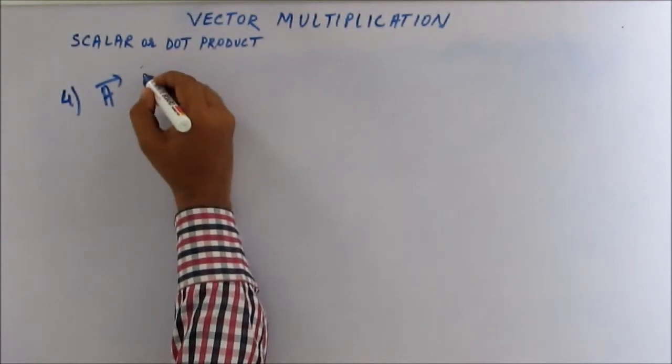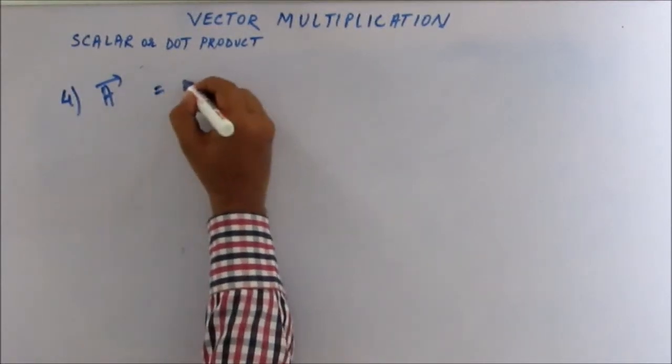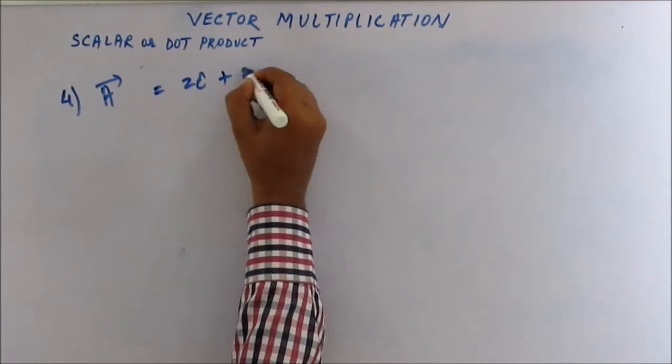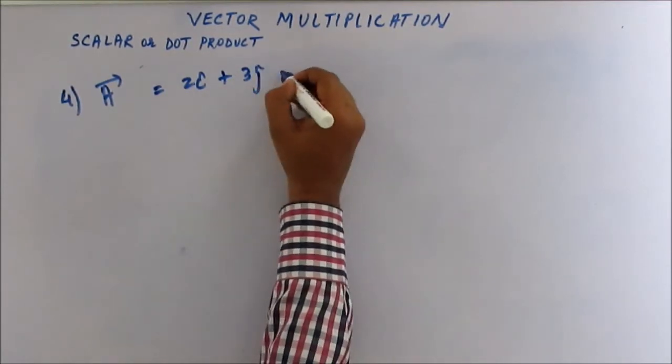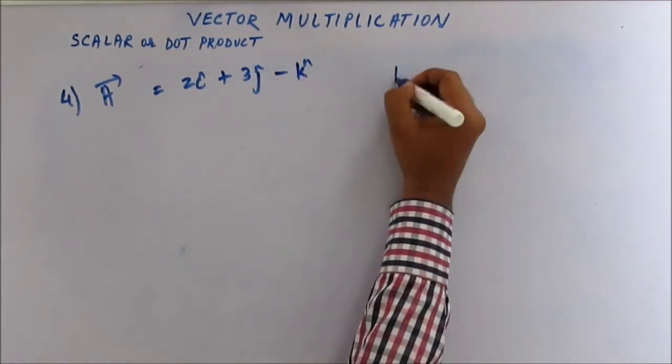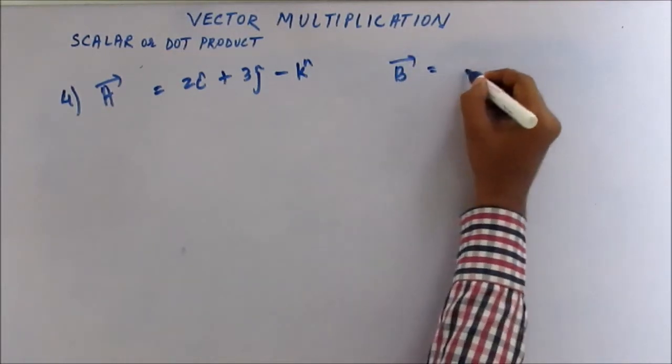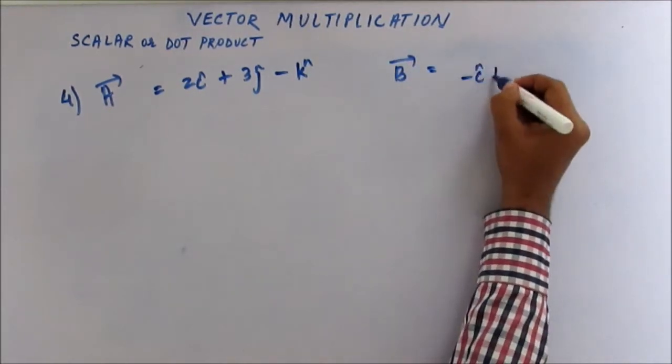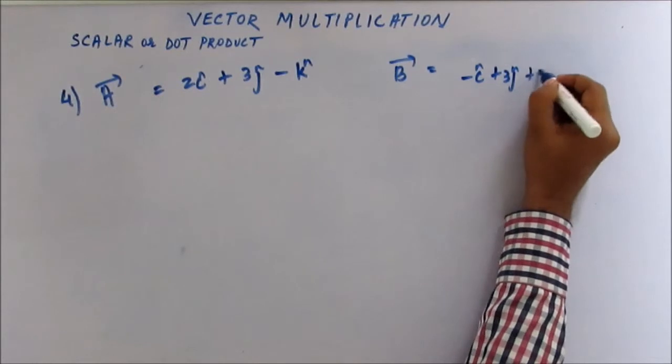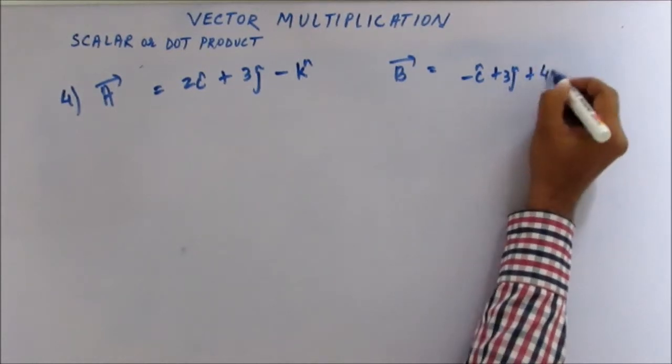Now suppose a vector this time is 2i cap plus 3j cap minus k cap, and b vector is given as minus i cap plus 3j cap plus 4k cap.